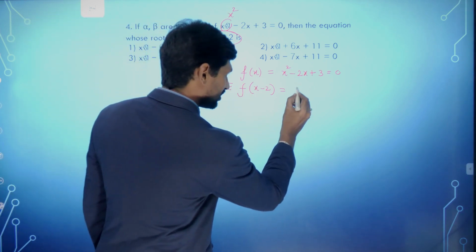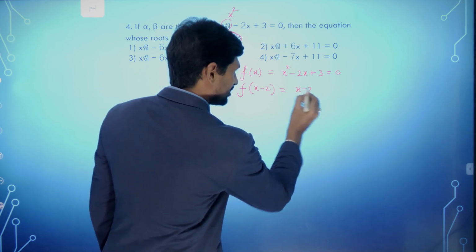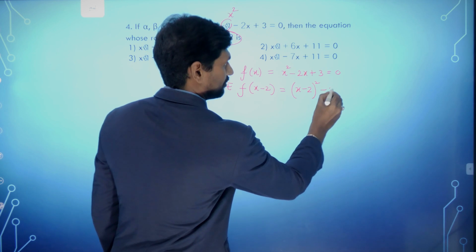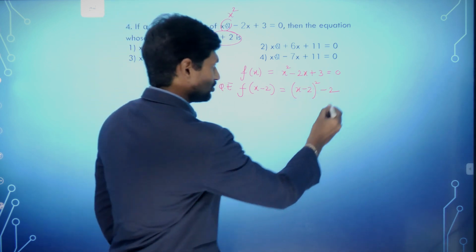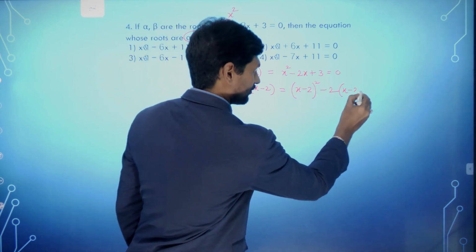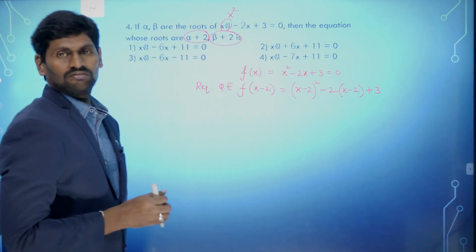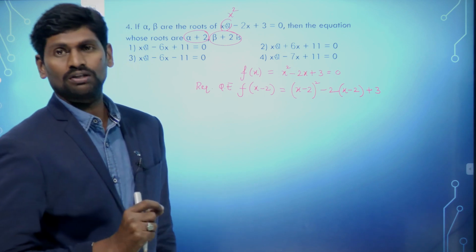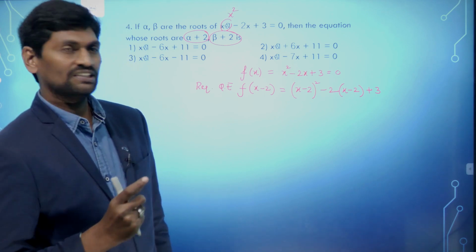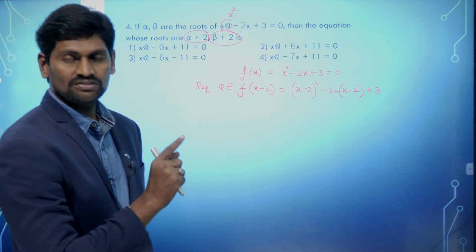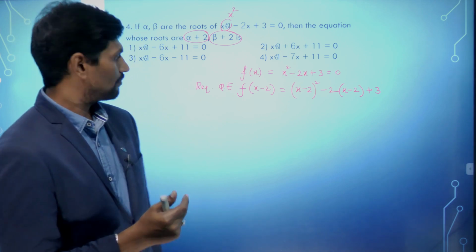So x minus 2 whole square minus 2 into x minus 2 plus 3. Constant term is not affected. Wherever you can see the variable term, in the place of x we need to substitute x minus 2.